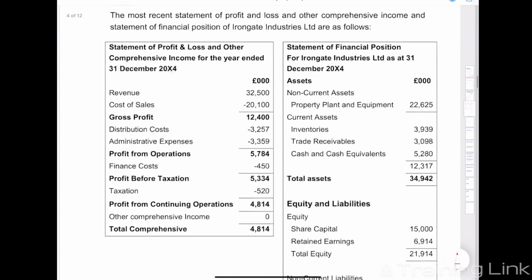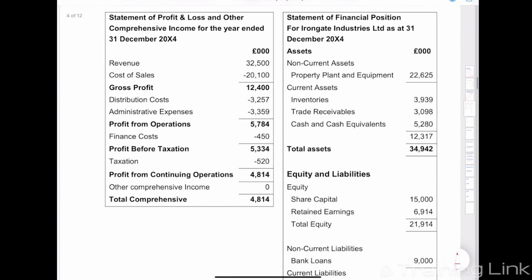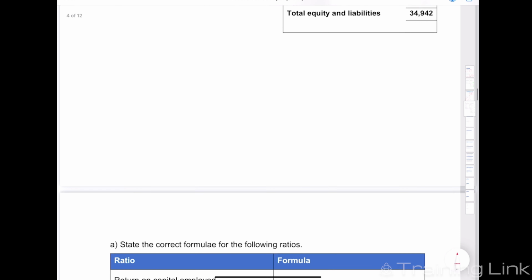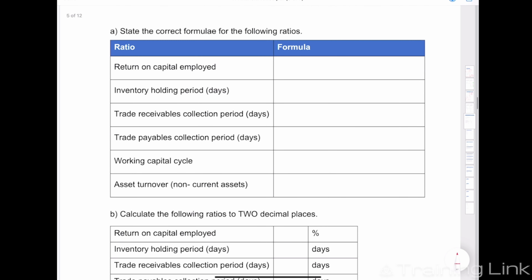Again, we've been given a statement of profit or loss and other comprehensive income and the statement of financial position. It says state the correct formula for the following ratios, and then again we just need to calculate them.